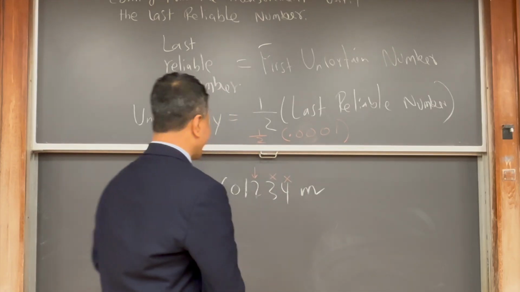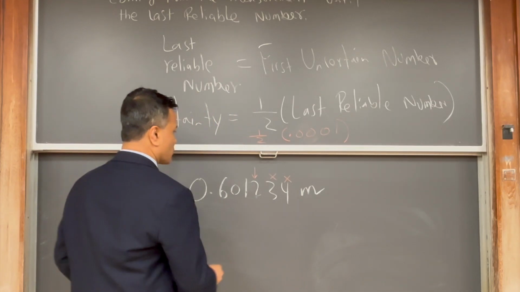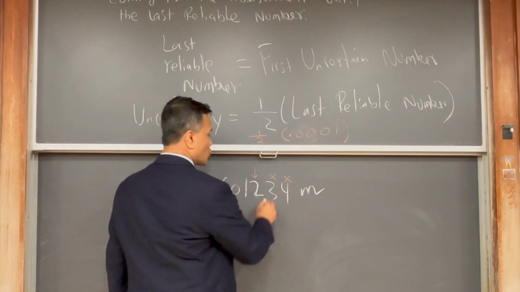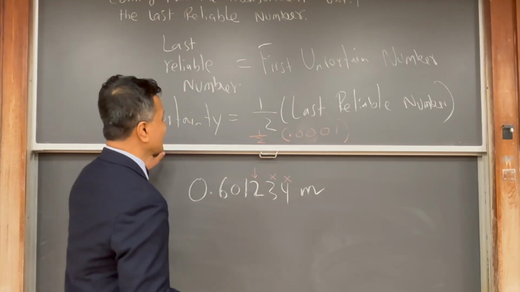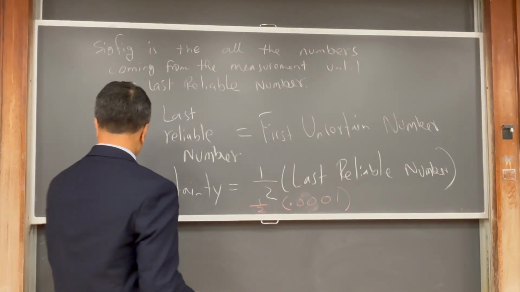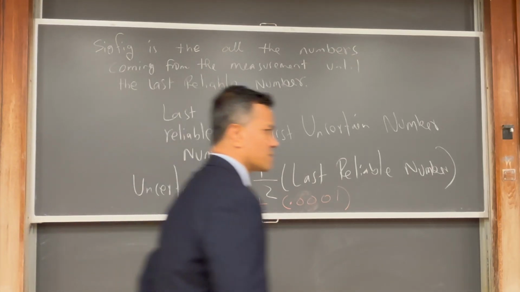Okay, so let me explain why 2 is the last reliable number, and why not 3 and why not 4. Let me erase this.